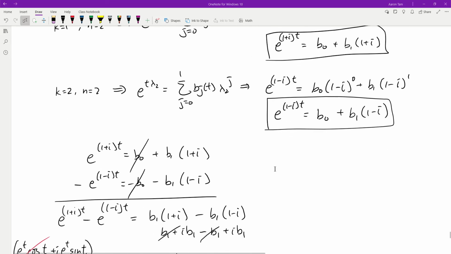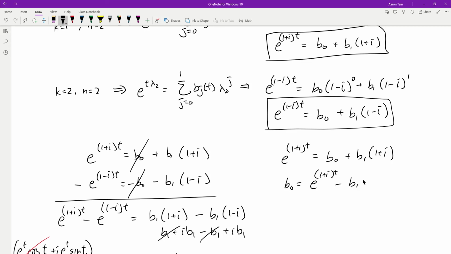I'll take this top equation. So e to the 1 plus i t would equal b sub 0 plus b sub 1 times 1 plus i. I already know b sub 1, so I'm simply going to move that over to this side and say that b sub 0 would equal e to the 1 plus i t minus b sub 1 times 1 plus i.